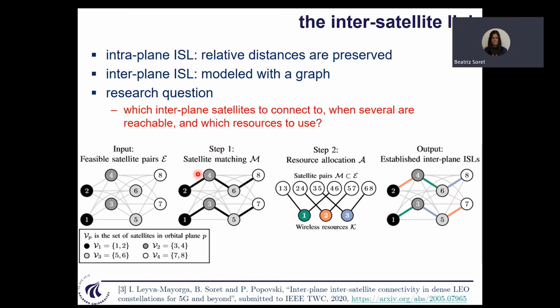The first step will be to decide who's talking to whom. So this would be like this thick black line on step 1. So we get a new set of the matching M. And then step 2 would be to decide, okay, for these pairs that I have decided, which resources are they going to use? For example, here, the green resource will be used by the pair between 1 and 3, but also by 4 and 6.